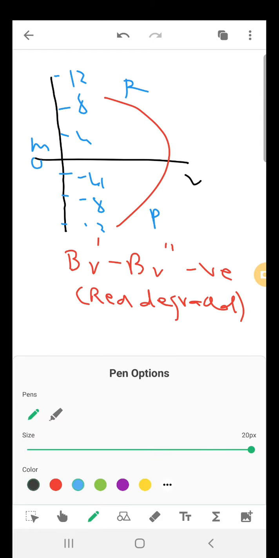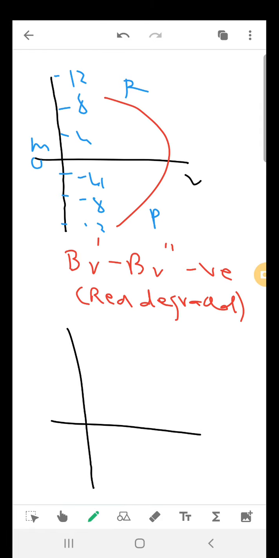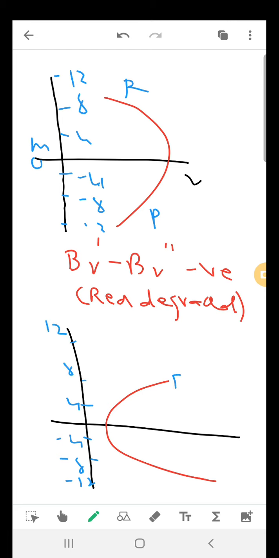And on the other hand, -4, -8, -12, and 4, 8, 12 are P, and this is called violet degraded band, where this value is positive.